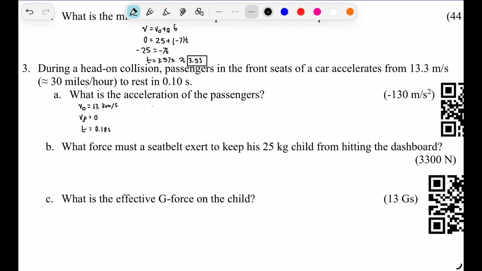So for acceleration, we know that A is equal to the final velocity minus the initial velocity over t, same thing as the delta V over the t time interval. So that is going to be 0 minus 13.3 divided by 0.10, which was our time interval. This is equal to negative 133 meters per second squared. And this is approximately 130 meters per second squared.